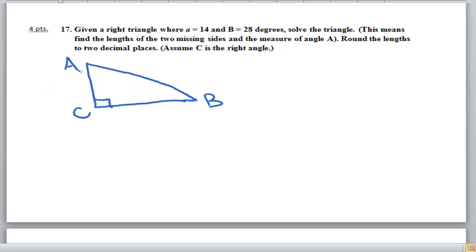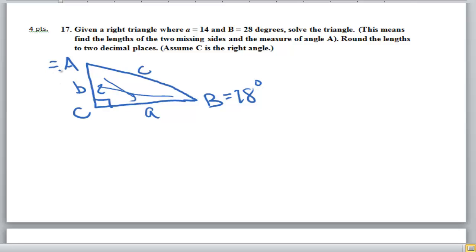And then the idea is little side A is always going to be opposite angle A. So if this is angle A here, side A is going to be here. And if angle B is here, this is side B here. And of course the hypotenuse is always opposite the right angle, so that's always little c. So in this case, we know that B is 28 degrees.